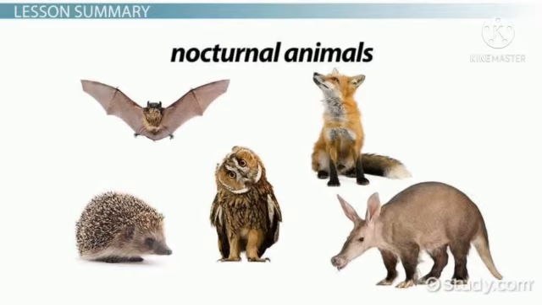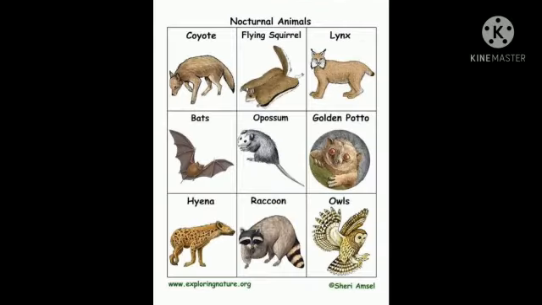Nocturnal animals and plants. Some nocturnal animals set out to search for food after the sun sets. Moths, crickets, and glowworms are some such animals. Tigers, bats, and owls are also nocturnal animals.